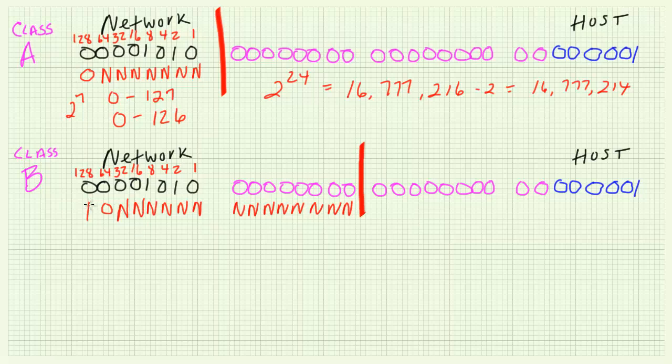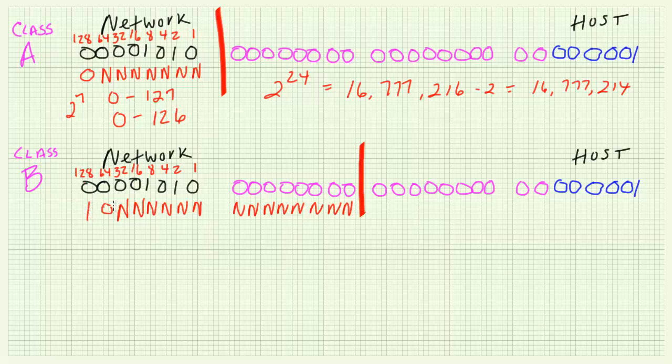Since we have this bit forced to be a 1 because the rule says so, what is the smallest number for a Class B network that we could come up with? Well, if this one is forced to be a 1, it's got to begin at 128 because we can't set this to 0.